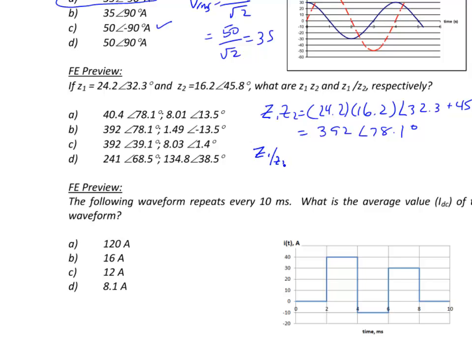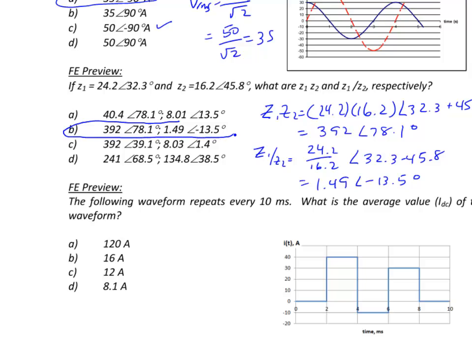Z1 divided by Z2 would be 24.2 divided by 16.2. You divide the magnitudes and subtract the angles, 32.3 minus 45.8, so we get 1.49 with an angle of negative 13.5 degrees, which also confirms that the answer is indeed letter B.